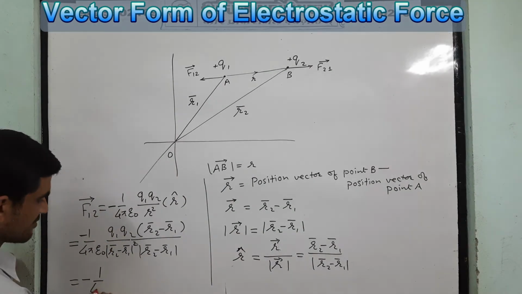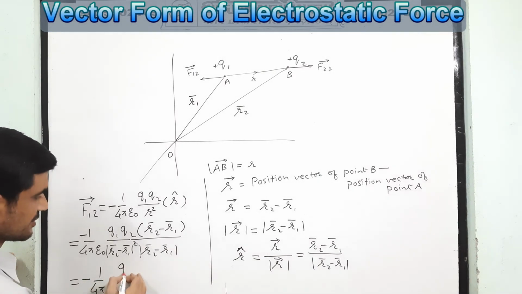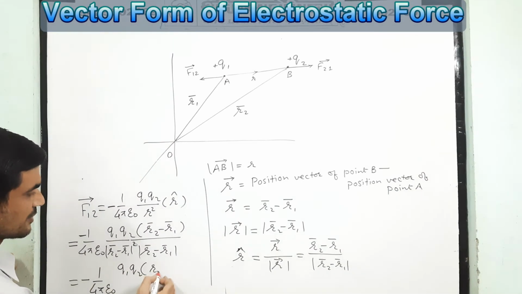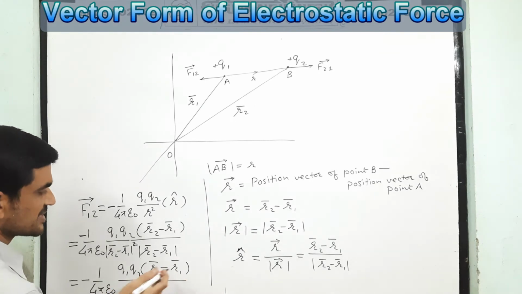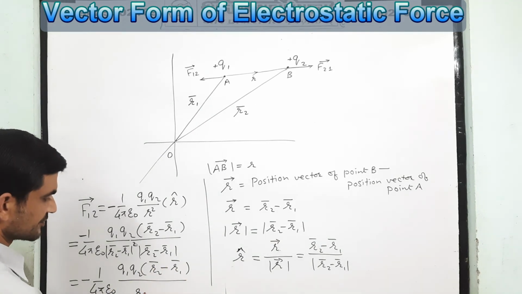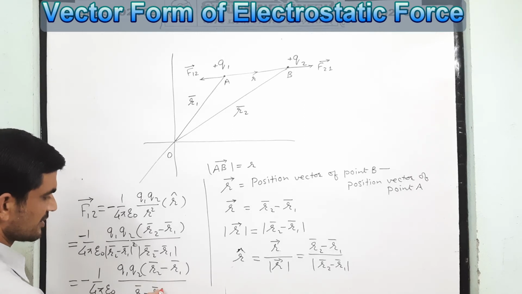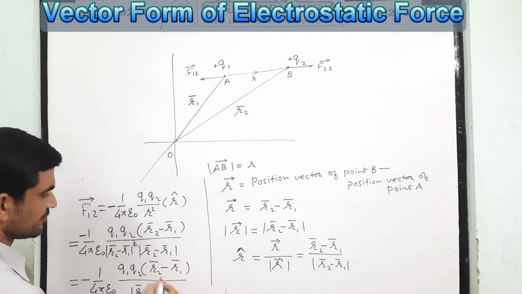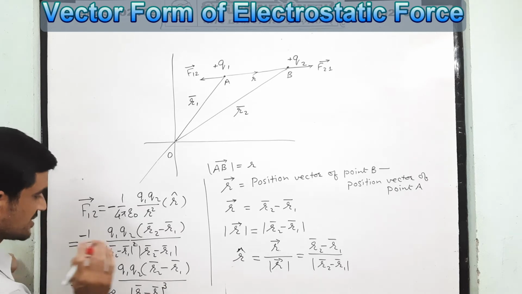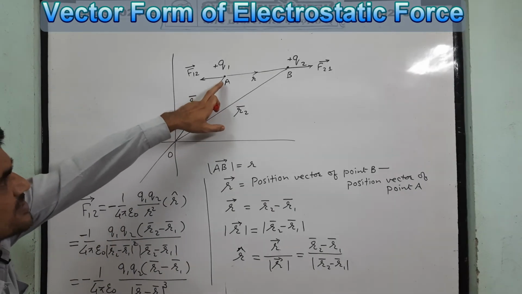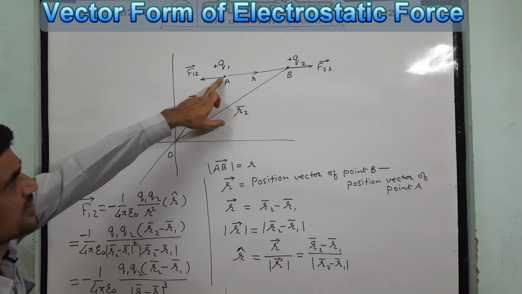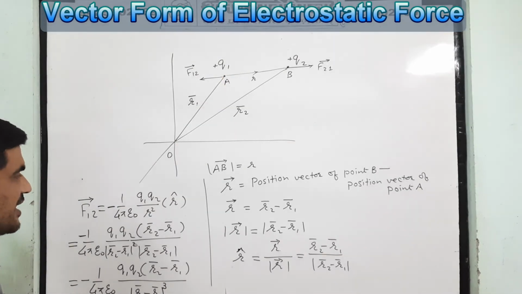So F12 is minus 1 upon 4 pi epsilon naught q1 q2 times the vector r2 bar minus r1 bar, divided by the magnitude of r2 minus r1 cubed. So this is the vector representation of a force acting on the first particle q1 situated at point A.